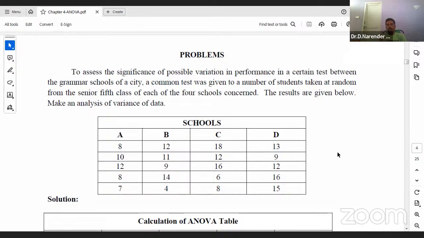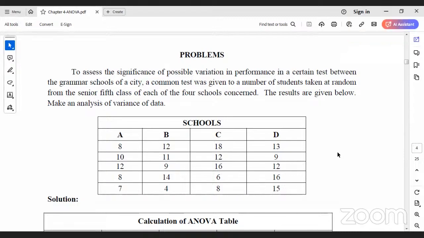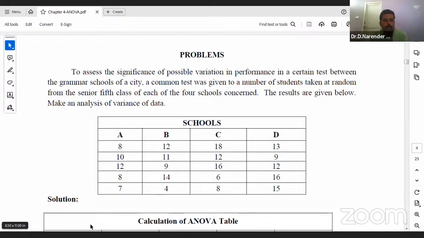School A: 8, 10, 12, 8, 7. Then B: 12, 11, 9, 14, 4.